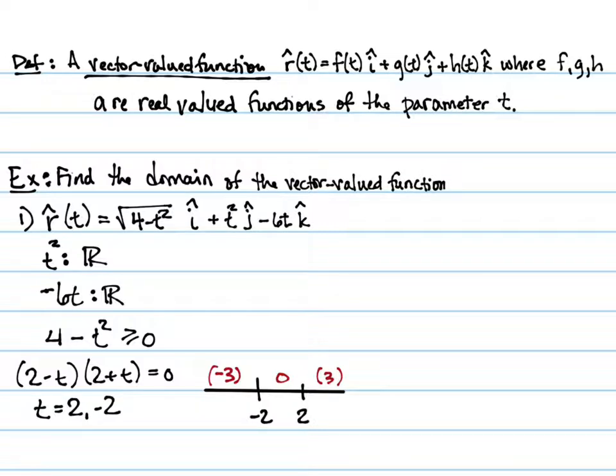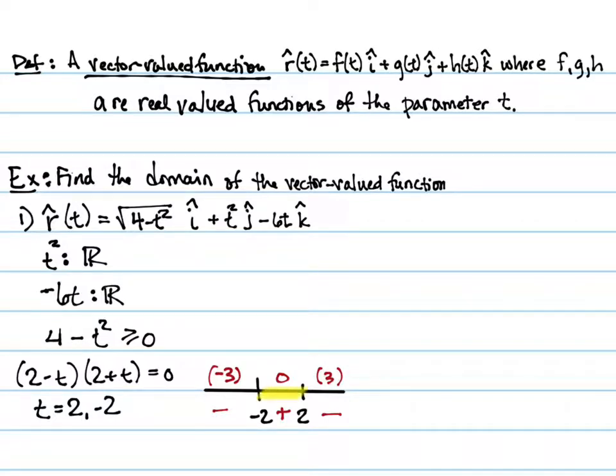If you put in negative 3, do you get a positive or do you get a negative? What do you get? Negative, yeah. What if you put in the 0? Positive. And if you put in a 3? Negative. So which one of these are the ones we want to have? -2 to 2.